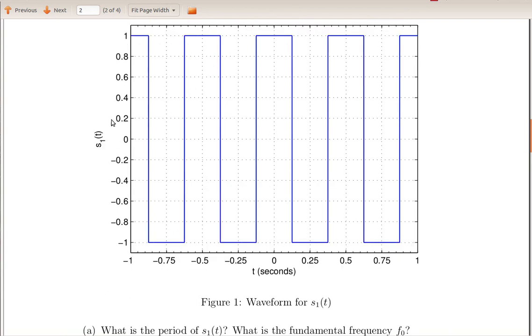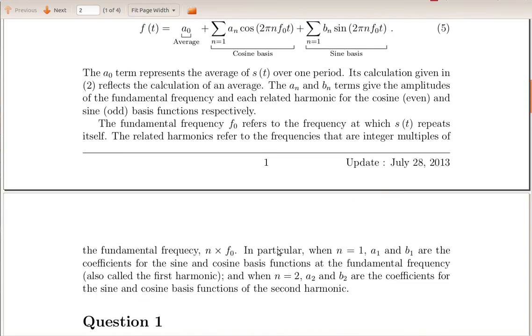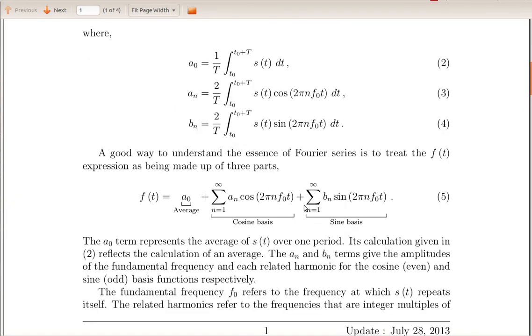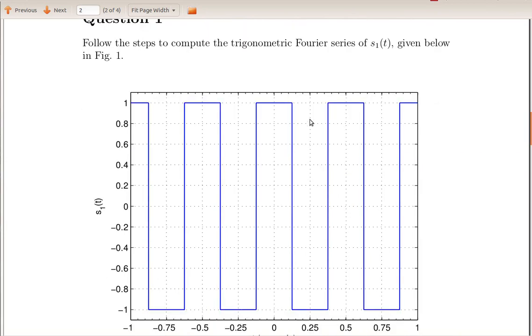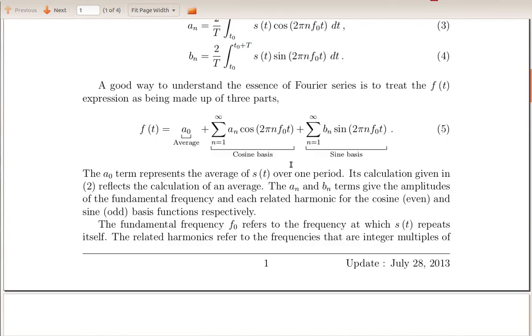Now, if our s1 of t is our signal and it was entirely even, it means we expect there to be no odd components. Remember I made an annotation here, the sine basis functions were the odd components of the function. Now, if our signal is purely even, we expect there to be no odd components, which implies that your bn coefficients will go to 0. They will work out to equal 0.